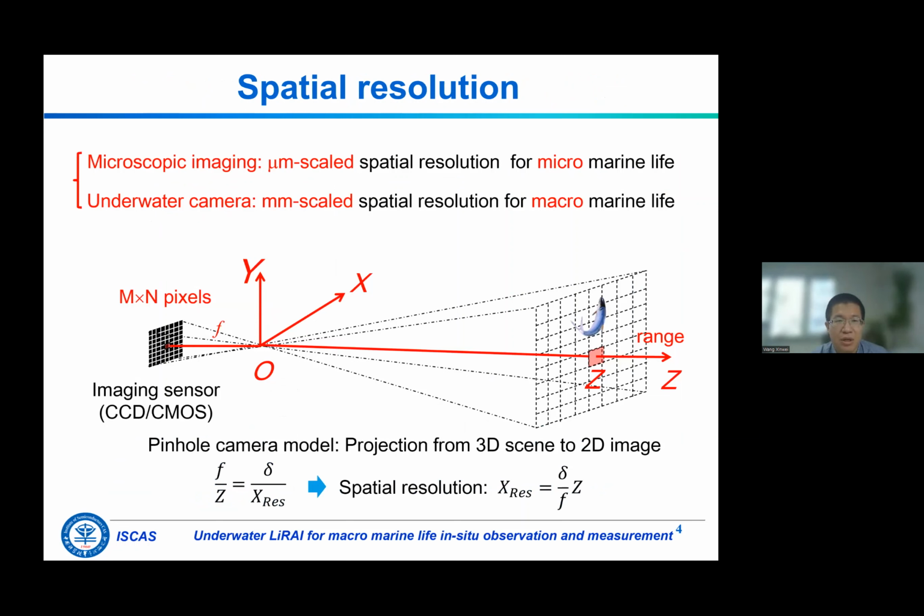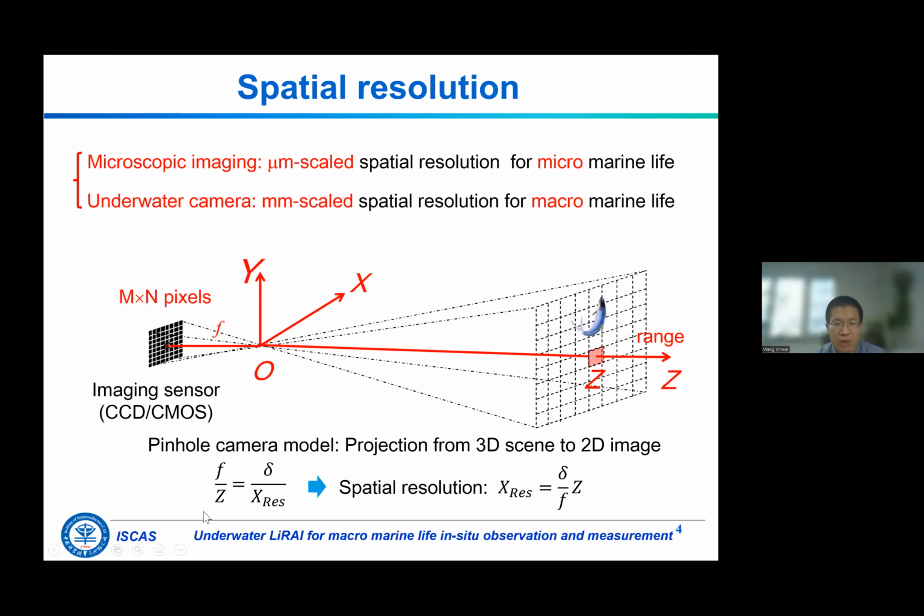The first is microscopic imaging with micrometer scaled spatial resolution for macro marine life. And the second is the underwater camera with millimeter scaled spatial resolution for macro marine life. Here the spatial resolution refers to the physical dimension that represents a pixel of an image.